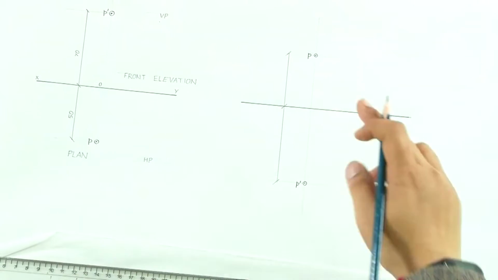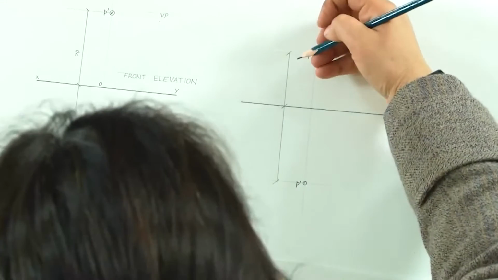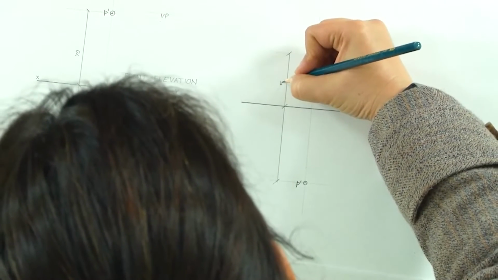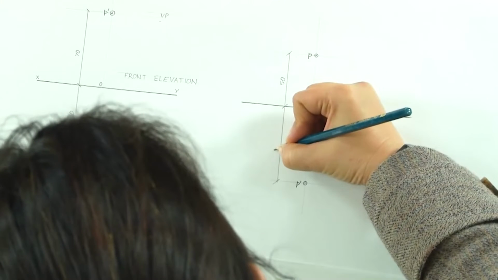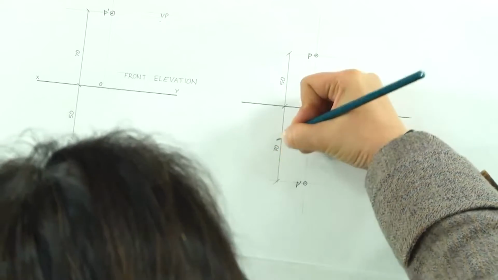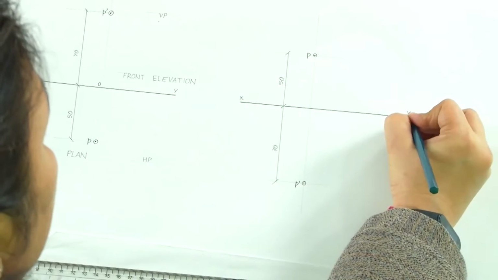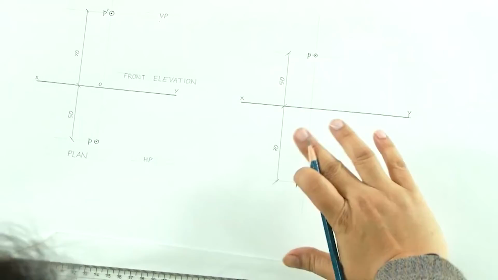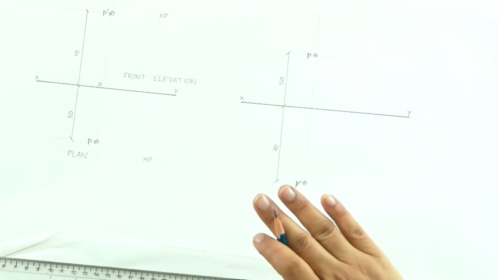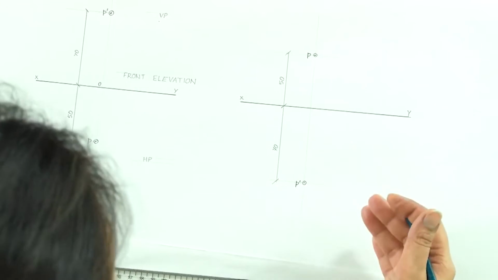So now the distance from the VP, which was 50, will actually be seen above the reference line. So we have the reference line XY, which remains the same. It is just that the vertical plane and the horizontal plane are reversed.